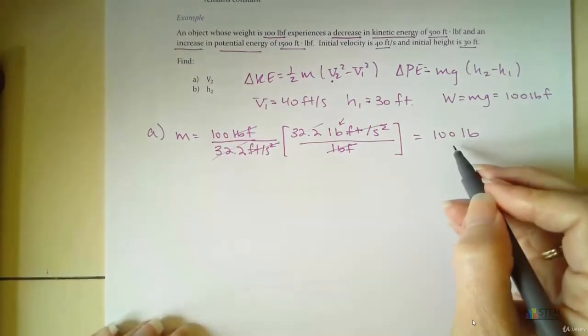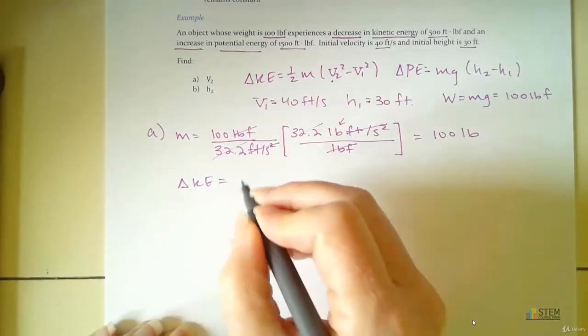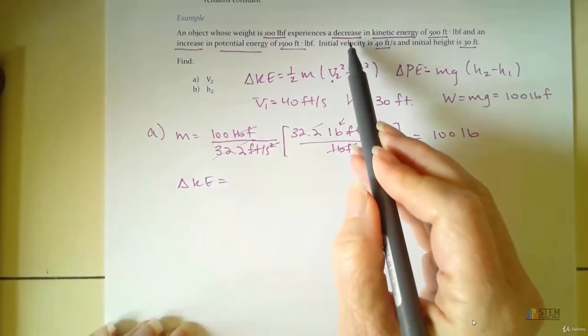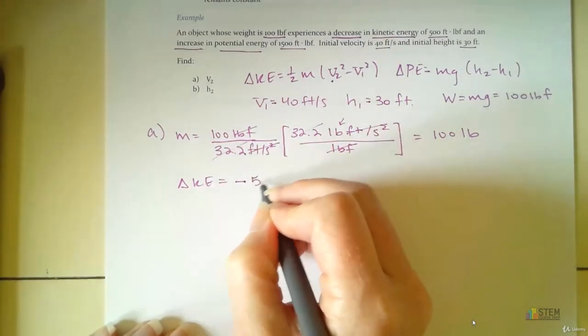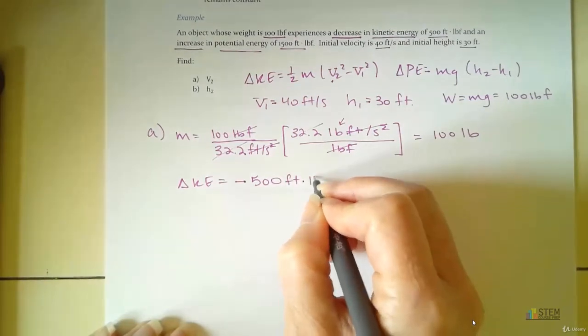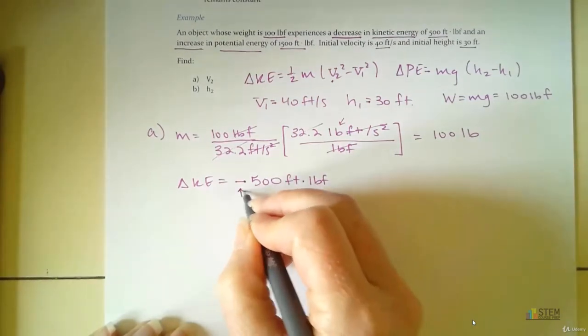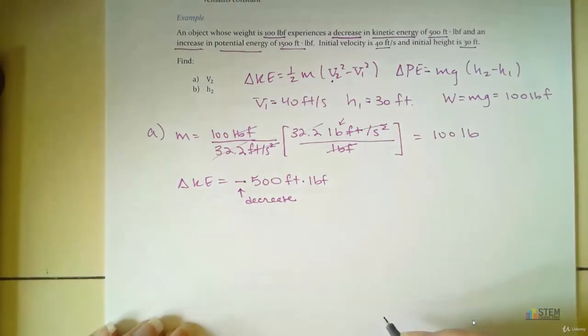So now we have our mass. Now let's look at our kinetic energy. So we were told we had a decrease in kinetic energy. So that means it was negative, because it's a decrease. And the magnitude was 500 foot-pound force. All right, so like that.